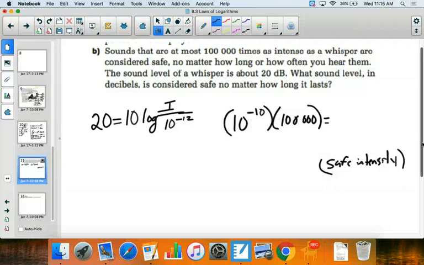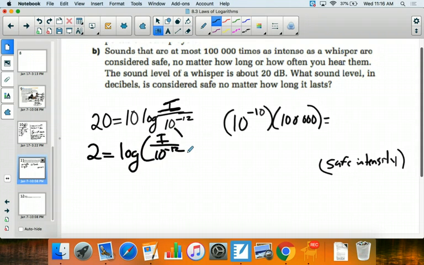Okay, so again, we can figure out, well, what is the intensity, right? Find the intensity of the whisper, do 100,000 times more than that, and then use that value in our equation again. So same method here, right? 20 divided by 10 is 2. Equals log of I over 10 to the negative 12. Split that up.